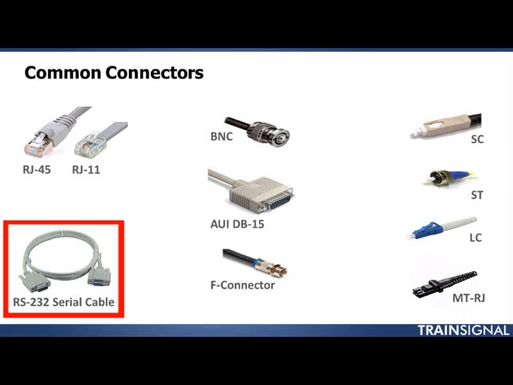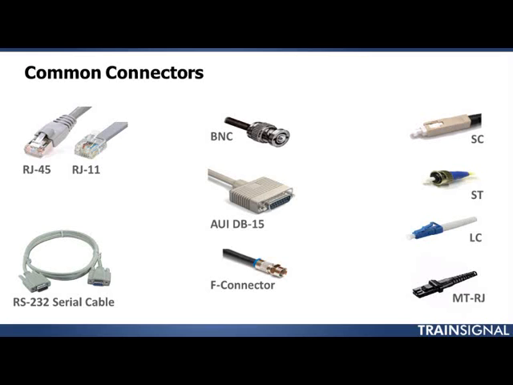This is a cable, again, that we haven't used in a long, long time. I mean, we still use it today in certain isolated circumstances with different terminal connectors and things like that. But the bottom line is it's a 9-pin, either male or female connector, and it goes with a serial cable, and it's called RS-232.